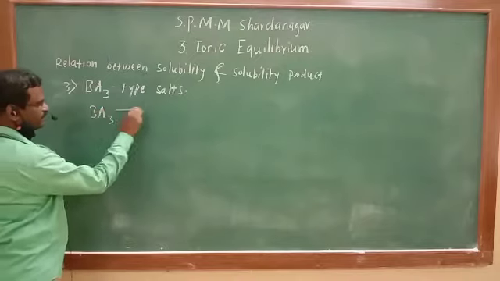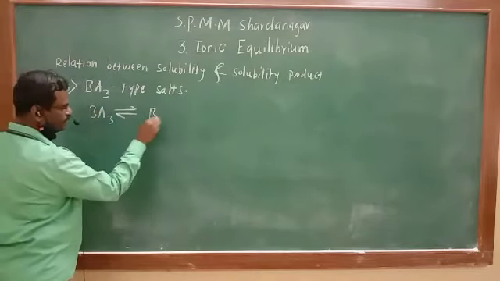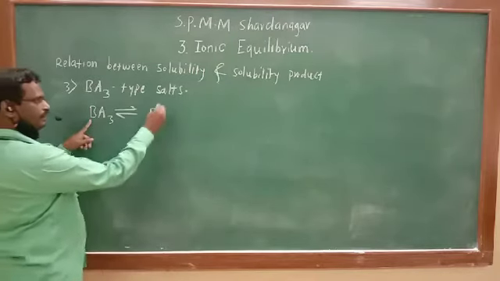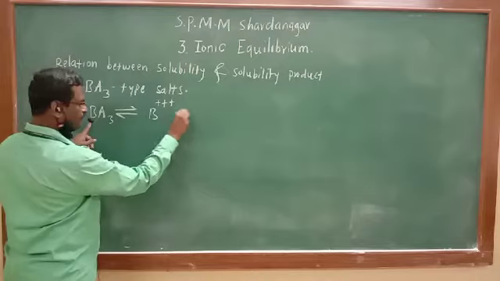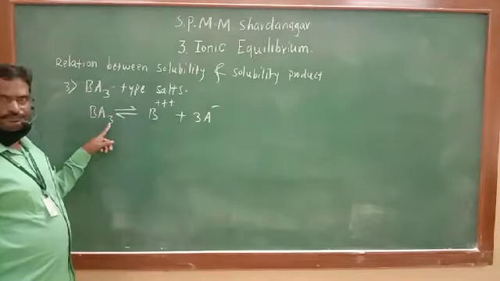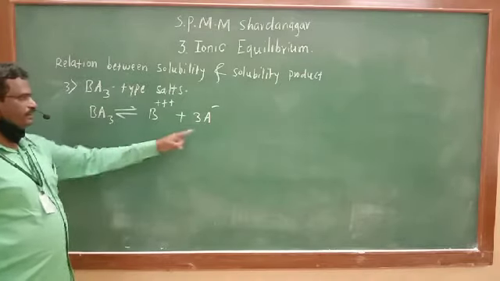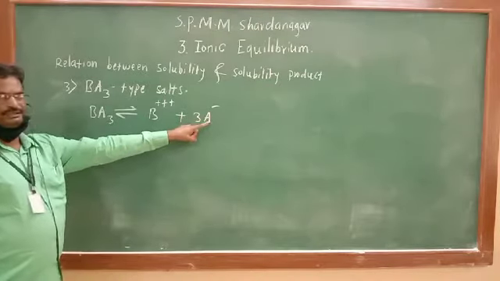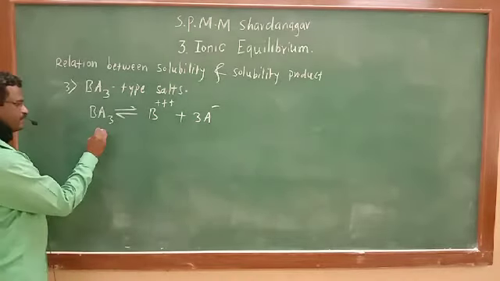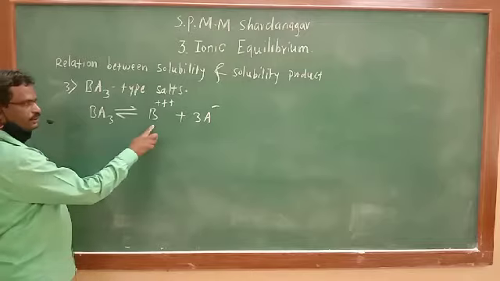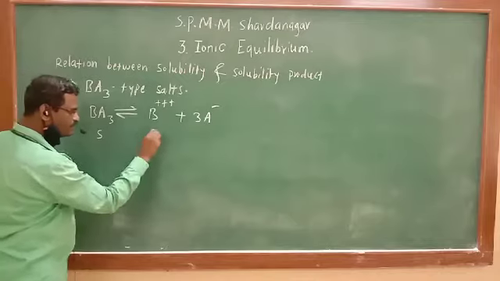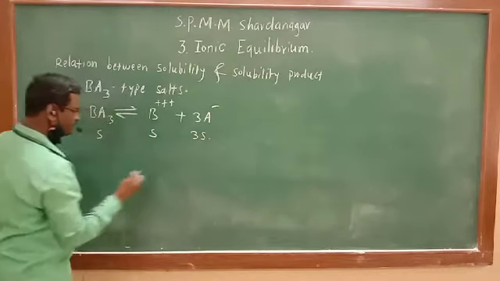Write the dissociation reaction. How many positive charges are there on B now? How many positive charges on B? 3 positive plus 3A minus. Very simple. 3A, so 3A minus, 3 negative charges. Therefore, 3 positive charges on the B. If this is 1, this is 1, this will be 3. If this is S, this is S, this will be 3S.